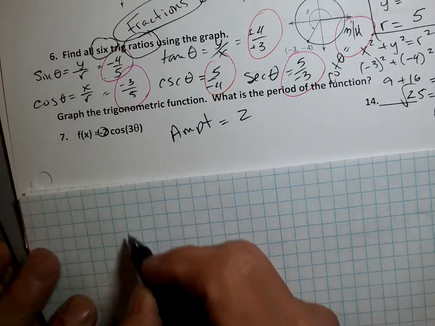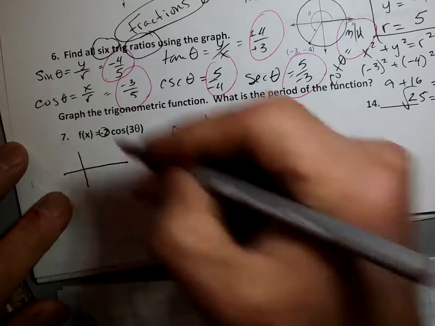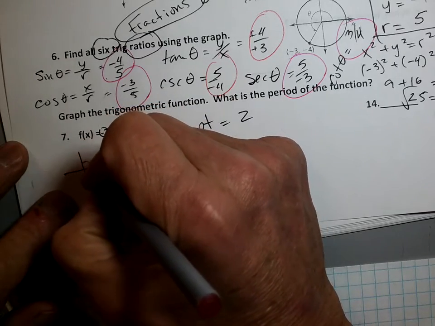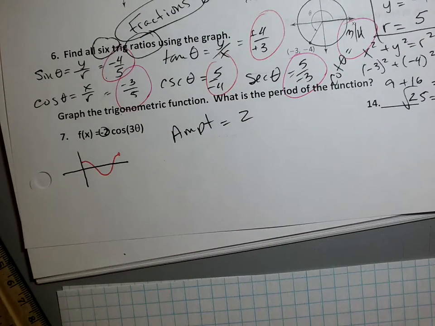With a negative, a cosine curve normally looks like that. And that's my cosine curve, except for this one because the negative is going to be upside down.